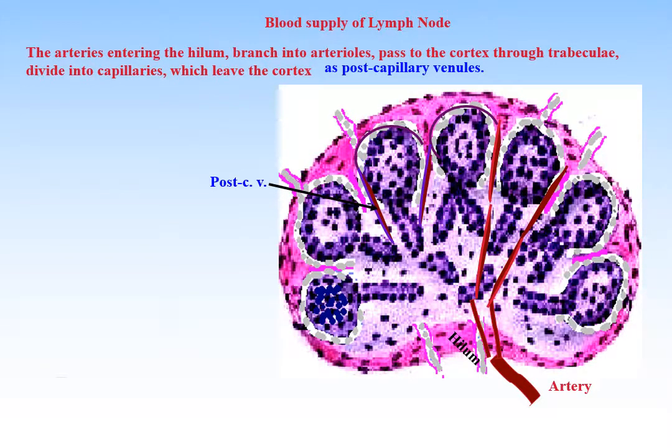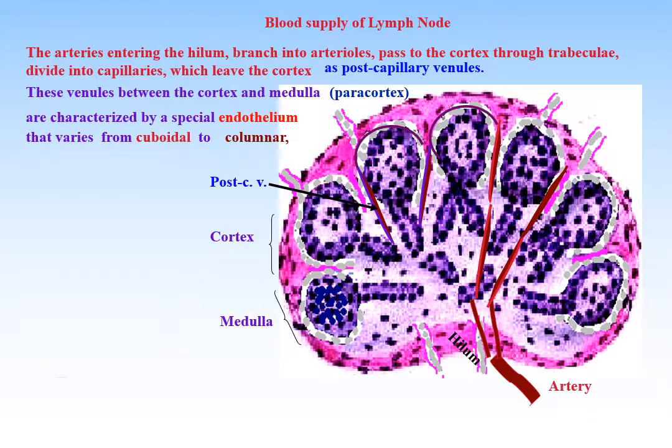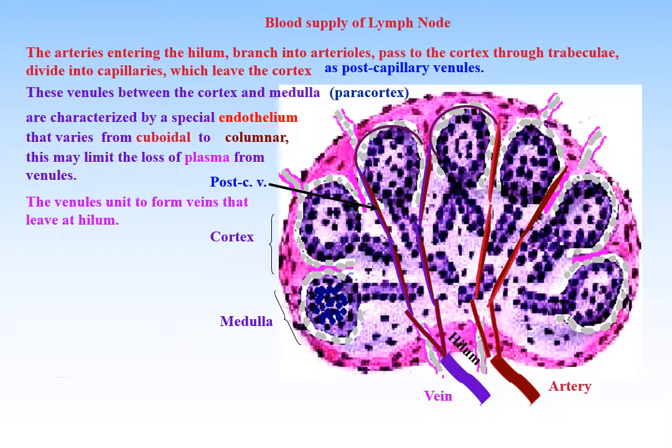These venules between the cortex and medulla, paracortex, are characterized by a special endothelium that varies from cuboidal to columnar. This may limit the loss of plasma from venules. The venules unite to form veins that leave at the hilum.